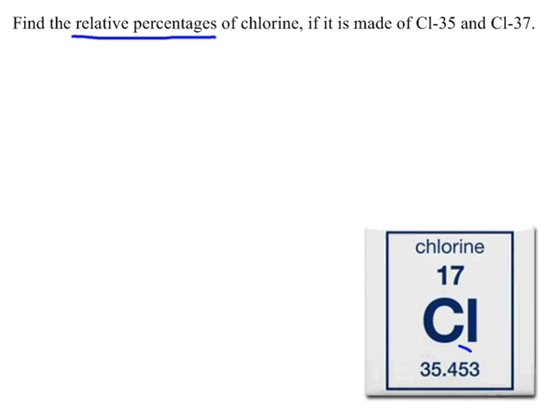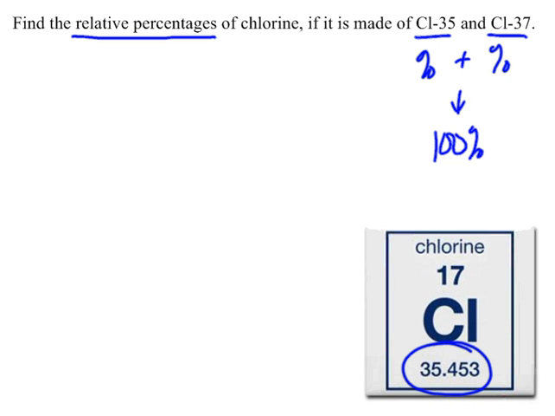Well, I know that the average atomic mass is 35.453, and I have the masses of the isotopes. Like in the last problem, I knew that the abundance percentage of this and of this, if you add them together, must equal 100%, and the average being 35.45 would be the sum of my problem.